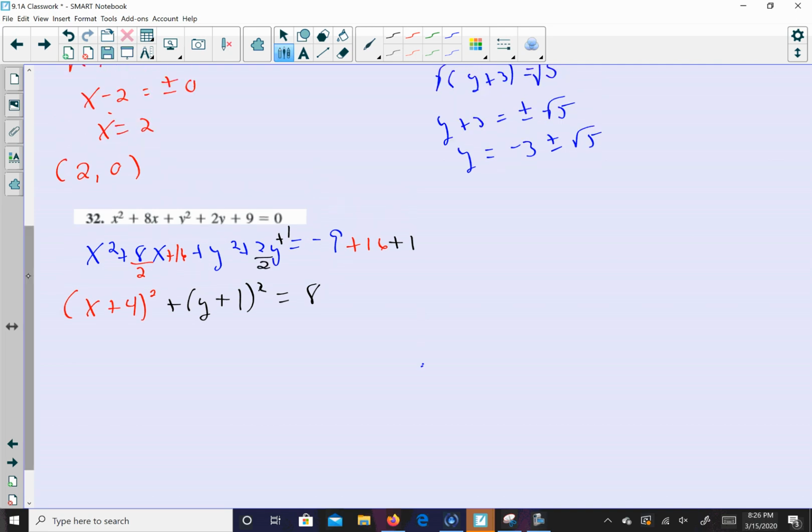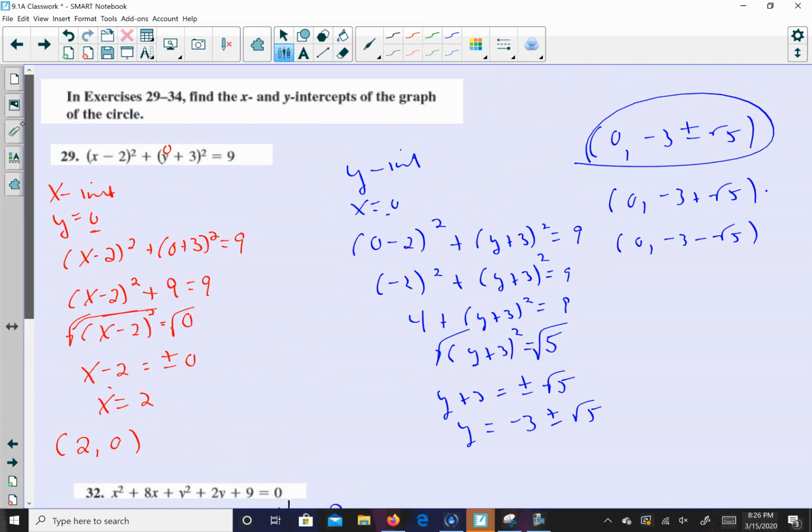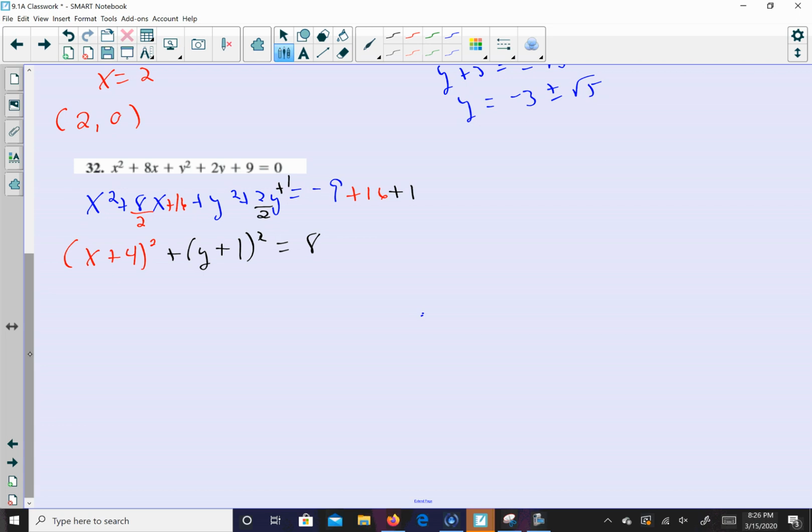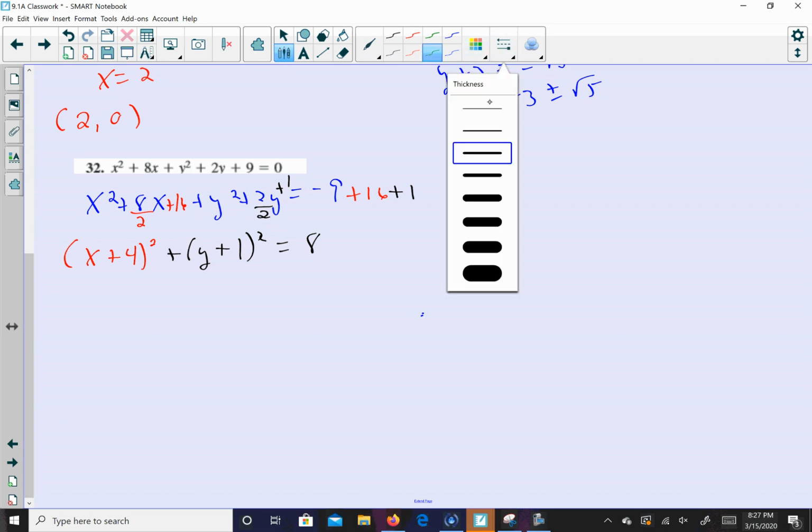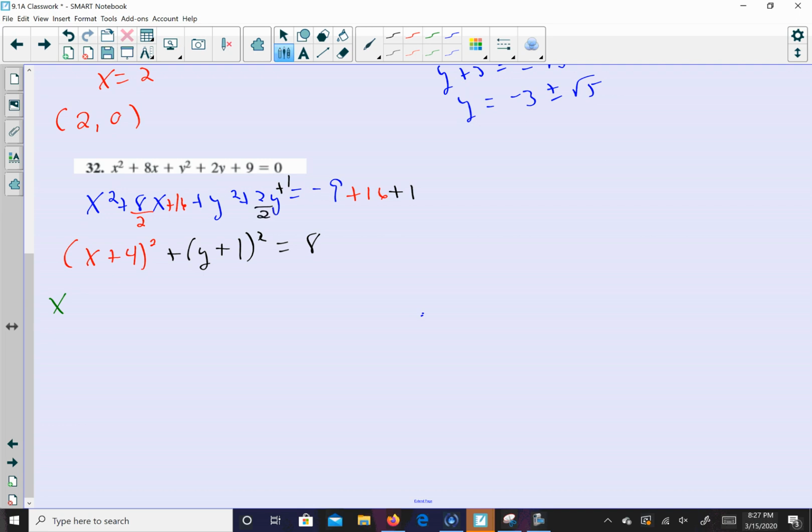that's not what the question is asking me. The question is asking me what my x-intercept is and what my y-intercept is. So let's start with the x-intercept. To find the x-intercept, I'm going to set y equal to 0. And so I'm going to have x plus 4 squared plus 0 plus 1 squared is equal to 8. So I'm going to have x plus 4 squared plus 1, because 1 squared is 1, is equal to 8.